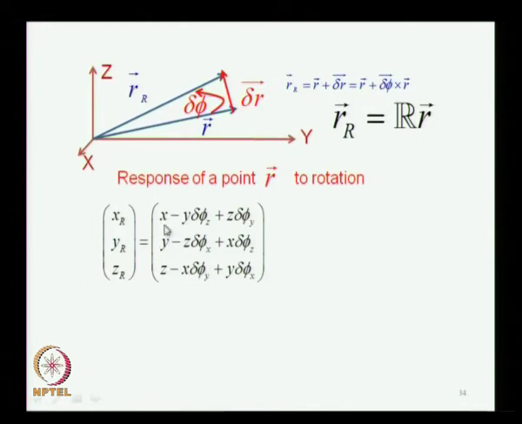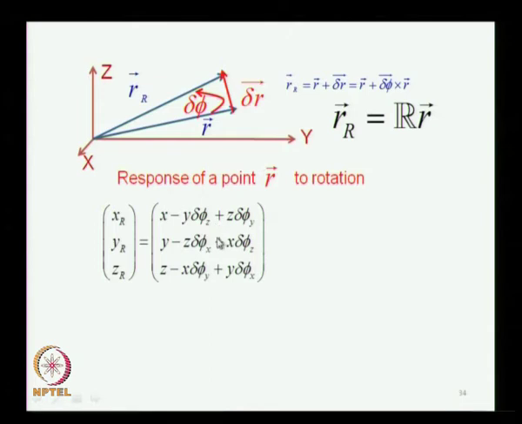We have written the response to rotation of a point in 3-dimensional space, and you can write the new vector with Cartesian coordinates, which will be given by the coordinates of the vector r plus delta phi cross r. So it is a very straightforward thing to work out.